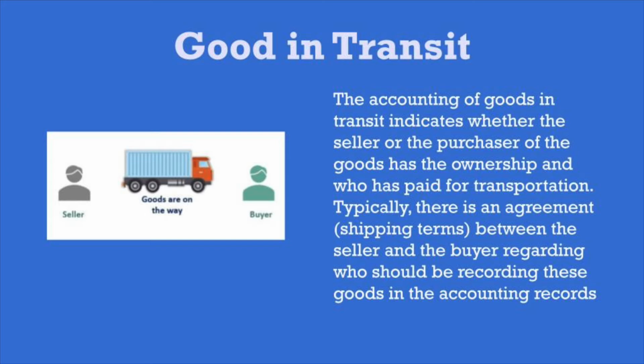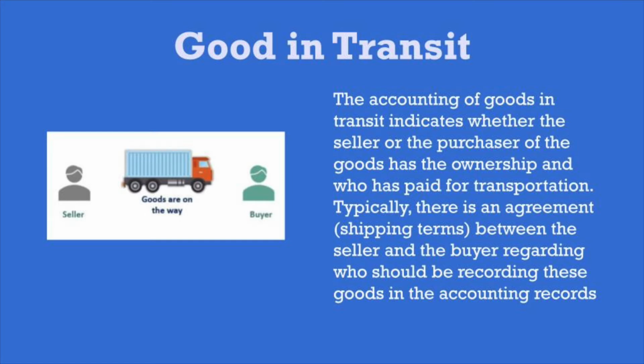Okay, let's look at goods in transit as a classic example of that. You order a bunch of product from your supplier to bring to your store that you're going to resell. The question that you're going to ask is, do I own it, or do I have to wait to get it to own it? Well, normally the shipping label will tell you what's happening there.